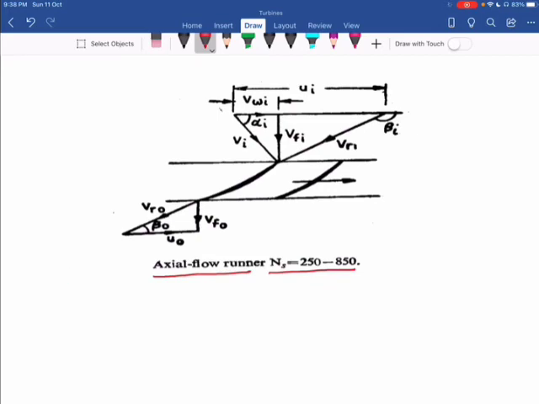That is for a higher value of beta I, and again angle alpha O equal to 90 degrees at the outlet. So this shape of velocity triangle is usually for an axial flow runner.